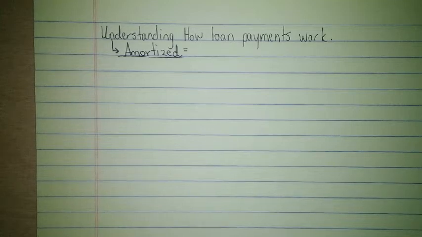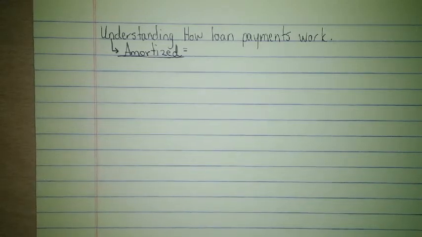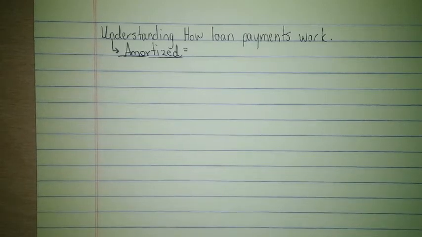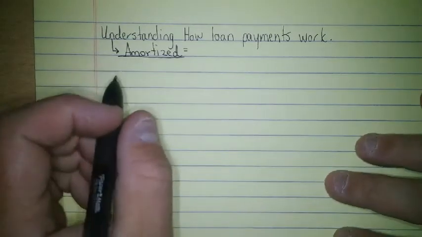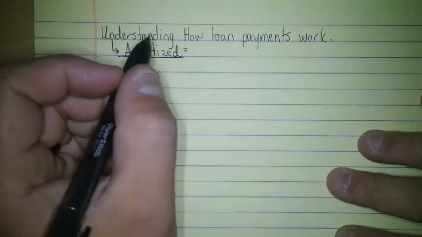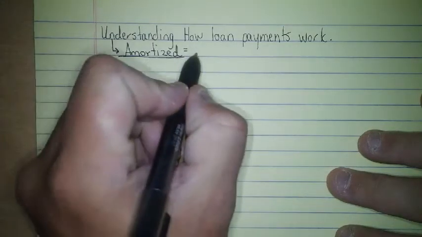So if I go buy a car for, like what he said, $24,000, I get a 3% interest on it. My monthly payment is going to be about $431. I'm going to pay that for however many years that I have that car financed for. If I do it for 60 months, that's 5 years. I'll pay $431 every single month for that. Okay, so what amortized means simply is the amount you owe every month stays the same.